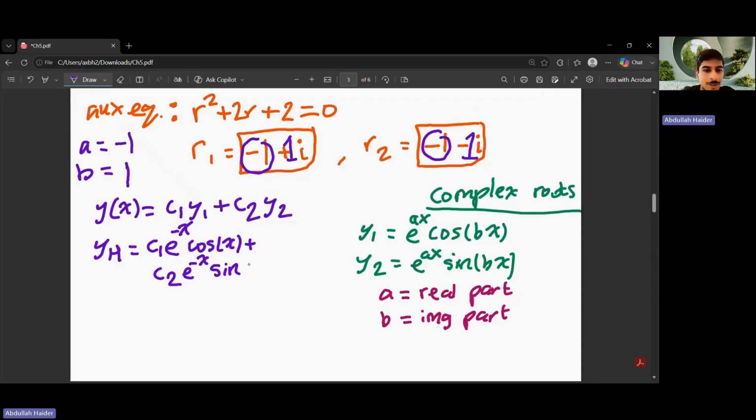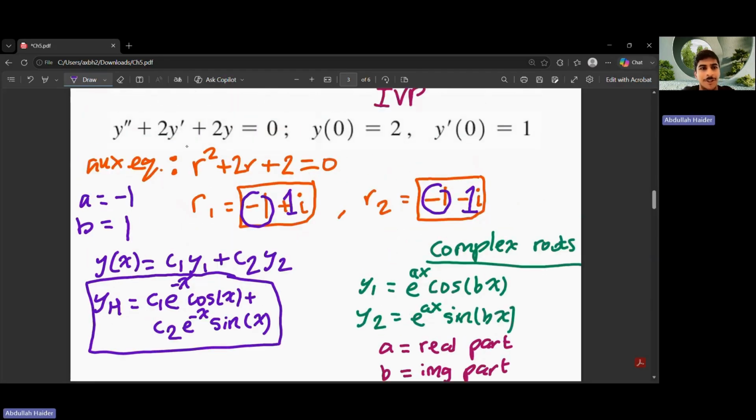Now b is 1, so sine x. This is our solution to the homogeneous equation y double prime plus 2y prime plus 2y is equal to 0.